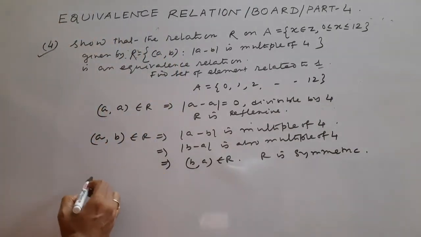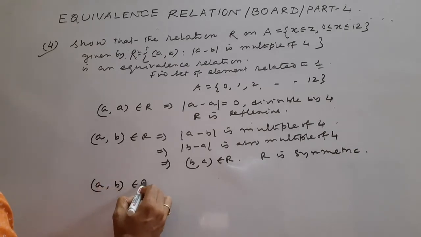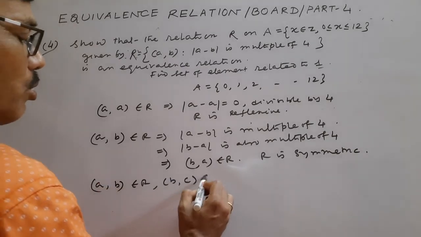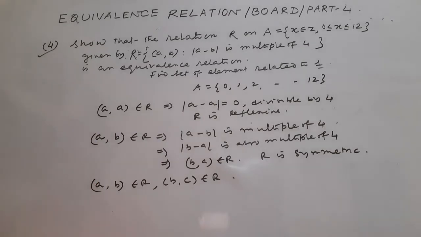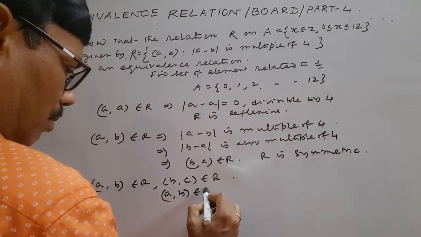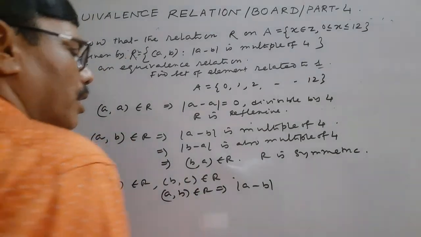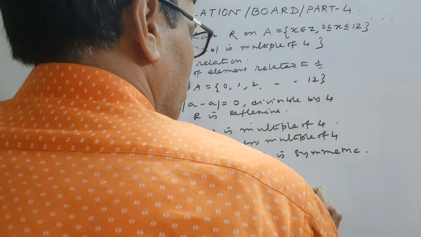Now for transitive, let AB belong to R and BC belong to R. So AB belongs to R implies mod A minus B is a multiple of 4.